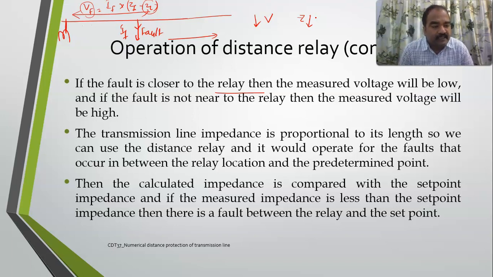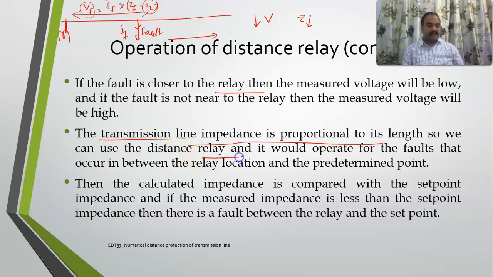The distance relay will quickly identify the fault. If it is far enough, then there is difficulty in identifying the faults. So it completely depends upon the distance. Based upon the distance, the impedance will be there, right? The transmission line impedance is proportional to its length.